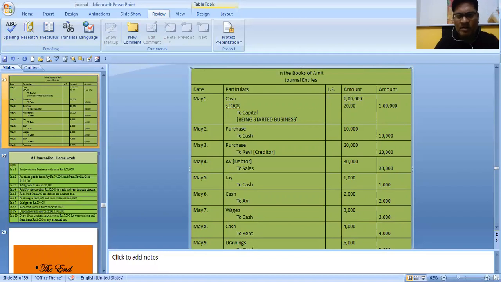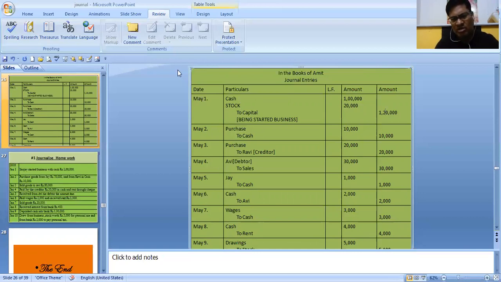So this would have become our compound journal entry. This much would have been our compound journal entry. 1,20,000. This becomes a compound journal entry: started business with cash 1 lakh and stock 20,000.